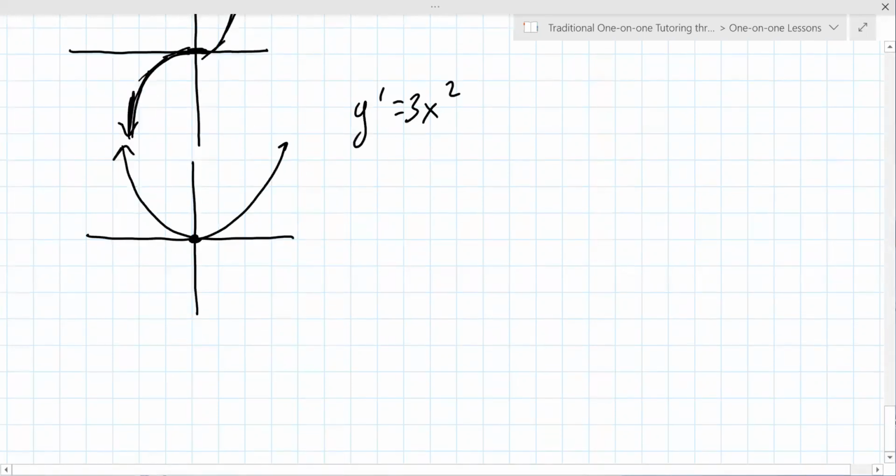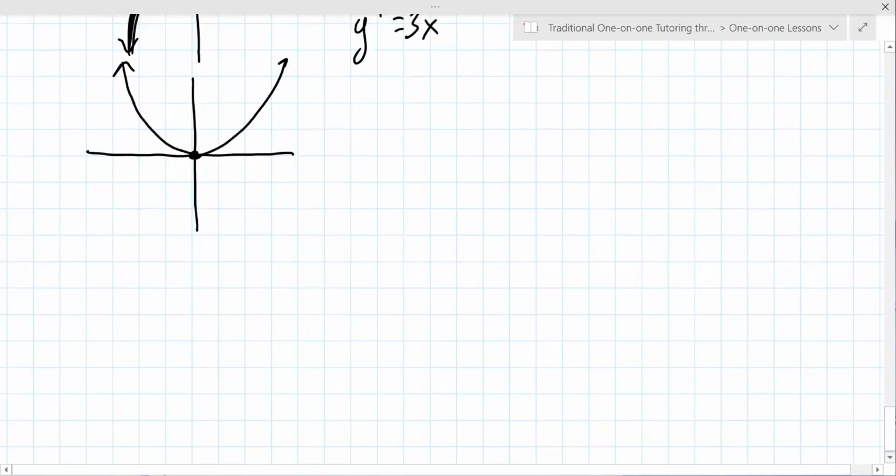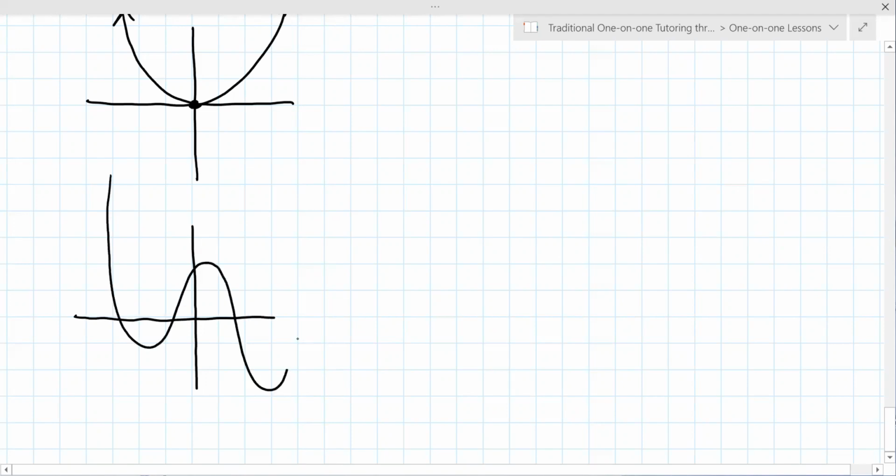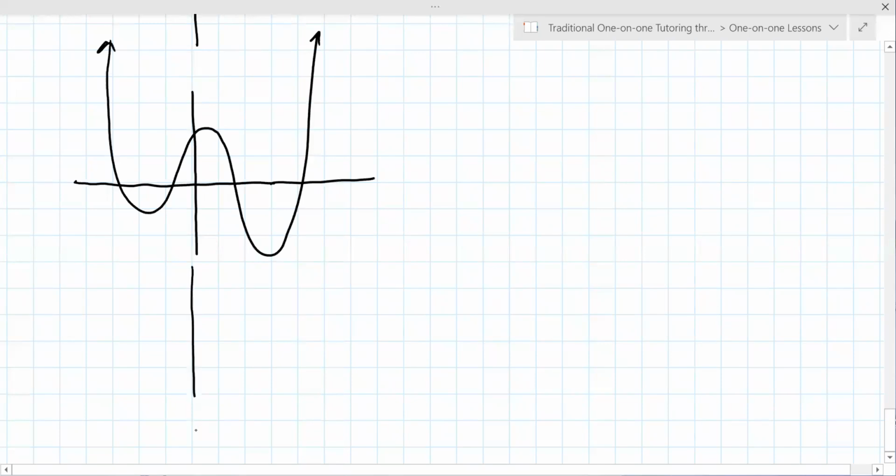Okay. Another good one to do here is where I give you a graph where you have something that comes down, goes up, comes down, goes up, something like that. This is sort of your exam question.